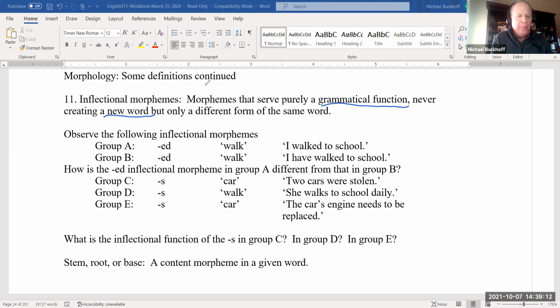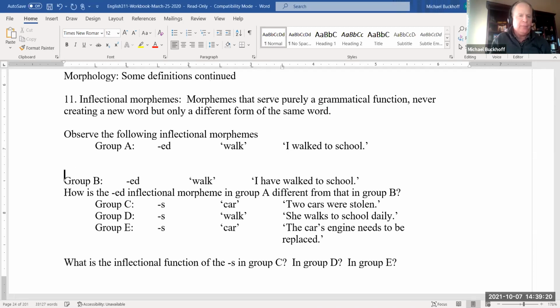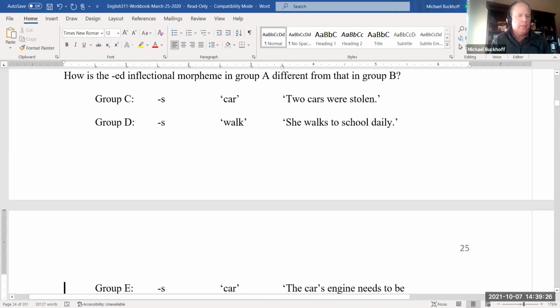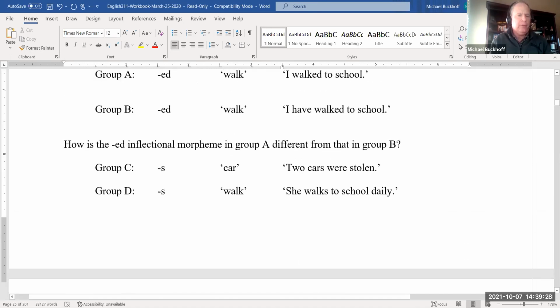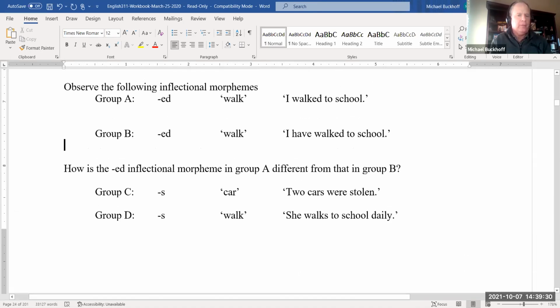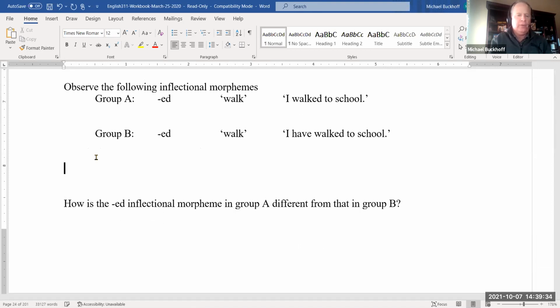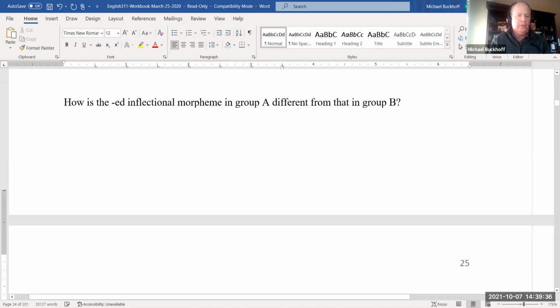So here's my question. Let's look at group A and then group B. Give me a quick second here. Let me space these out. Actually, this goes up here. Sorry, put these down here.